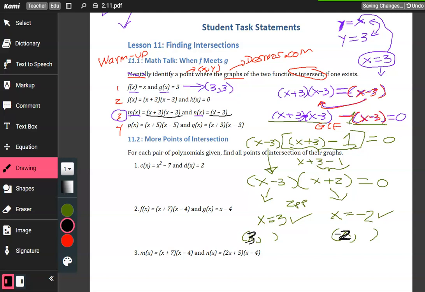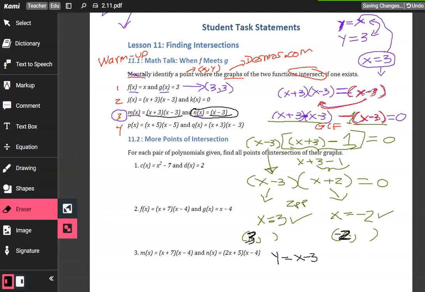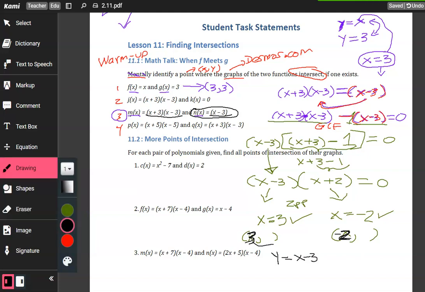This is getting a little messy here, but the one that has n of x is y equals x minus 3, which is this one. So now plug in 3 right here. Plug in x equals 3.